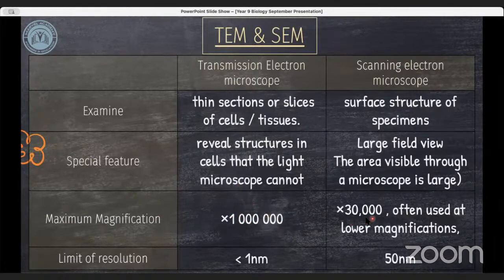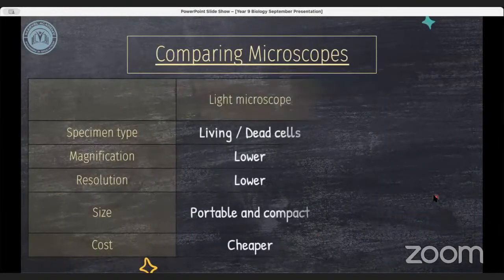This one is times 30,000, and this one is 1 million. So you can see how large it is.